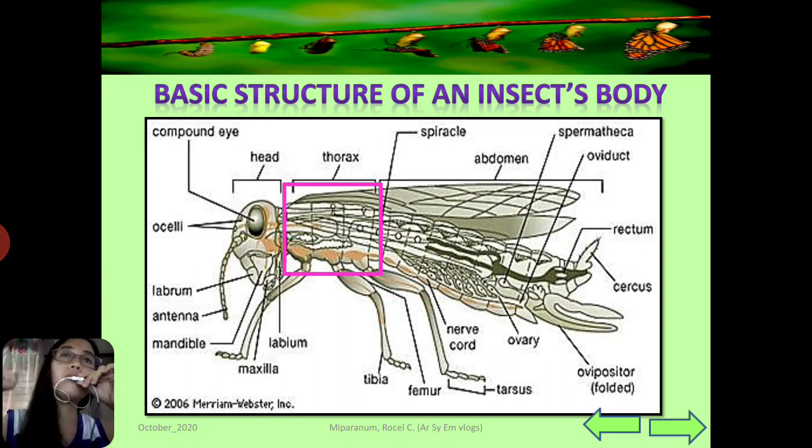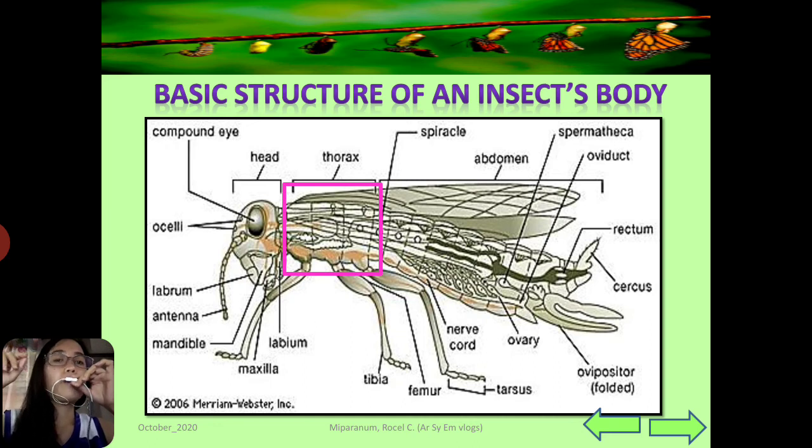Wings can make them fly, legs can make them jump, walk, and so on. The legs also have different segments, which are the coxa, the trochanter, the femur, the tibia, and of course the tarsus.